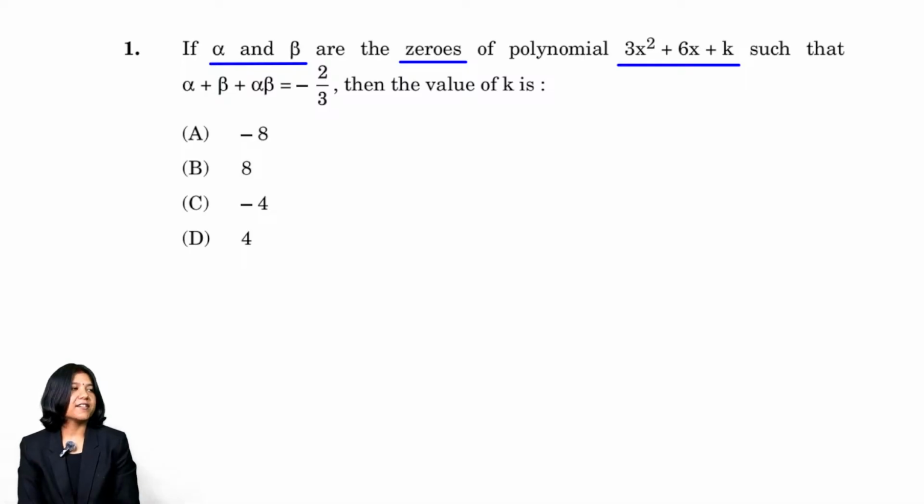Now, if you have a polynomial like this given to you, then every time a polynomial is represented as what? The sum. The middle term always represents the sum, and the last term always represents the product. If you have a multiple at the front, then this is the standard way of a quadratic equation.